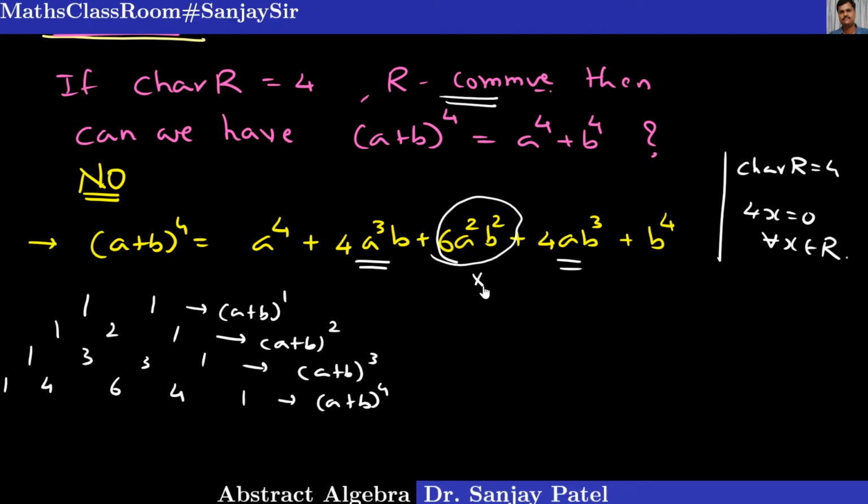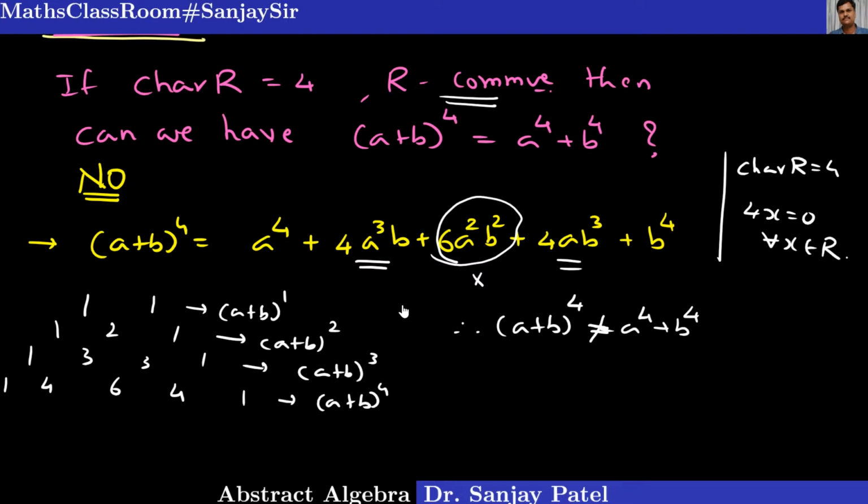Okay, this term need not be 0. So this term will remain, and therefore I cannot say that a plus b raised to 4 is equal to a raised to 4 plus b raised to 4. Let me write properly. So we cannot conclude that a plus b raised to 4 is equal to a raised to 4 plus b raised to 4. So this is not equal.